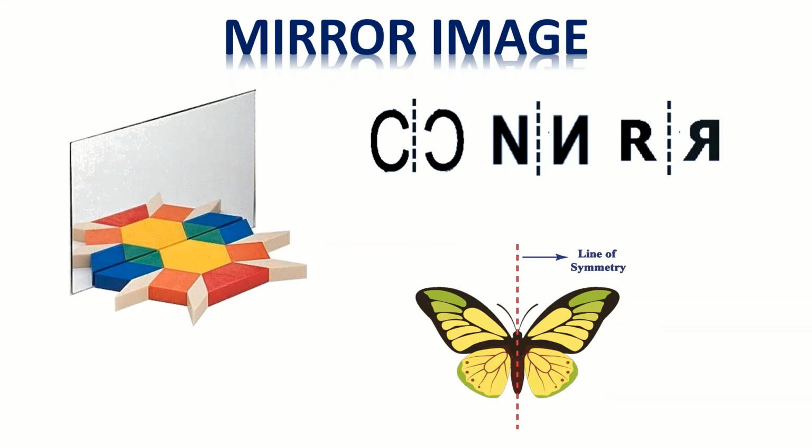Now, mirror image. You must have seen so many times, if we keep something in front of the mirror, it reflects the image of the figure as it is. So here you can see the mirror image of some alphabets. So line of symmetry basically does the same thing. It shows us the mirror image of the figure.